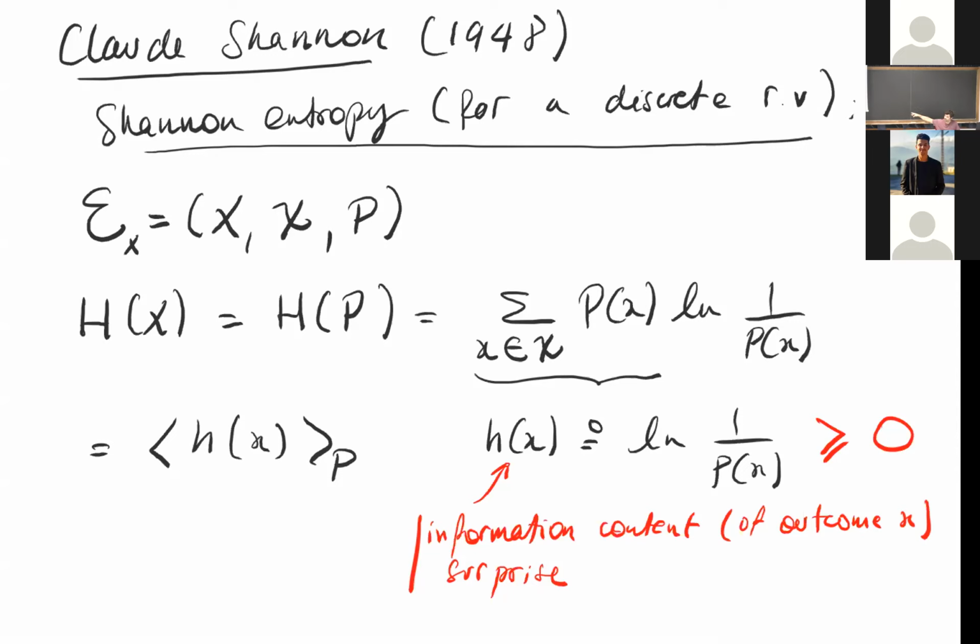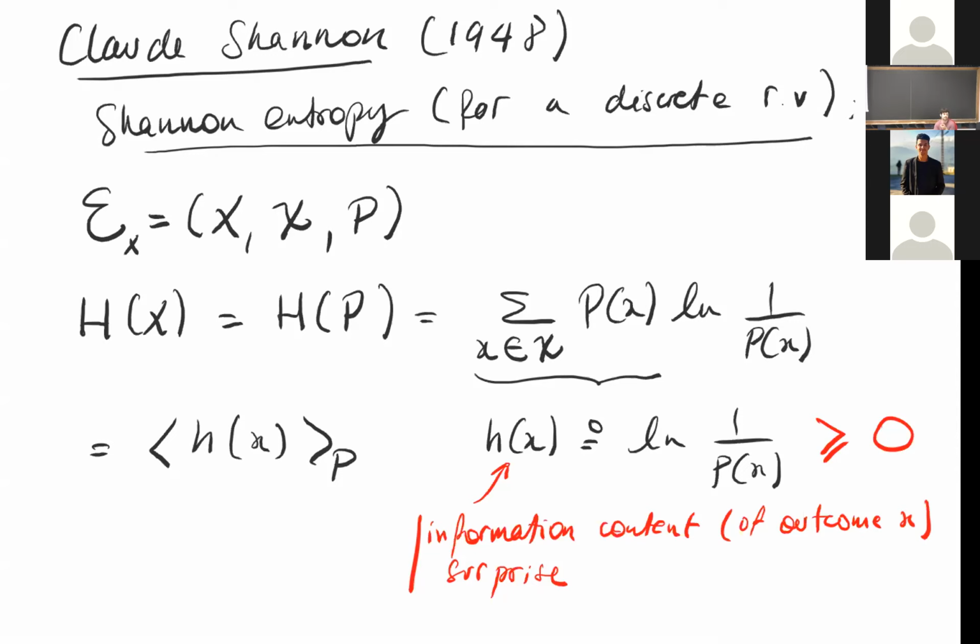And the log of something close to 1 is almost 0, tends to 0 plus. So you see that if an outcome has a very high probability, then its associated surprise is low. And also its information content is low. It's just saying the same thing.